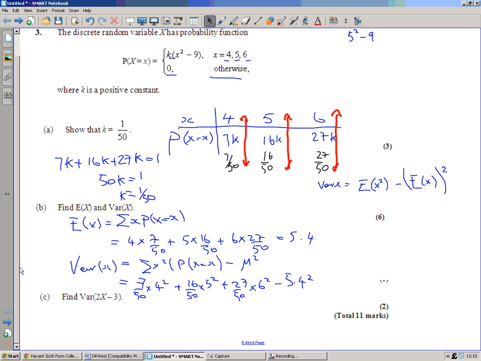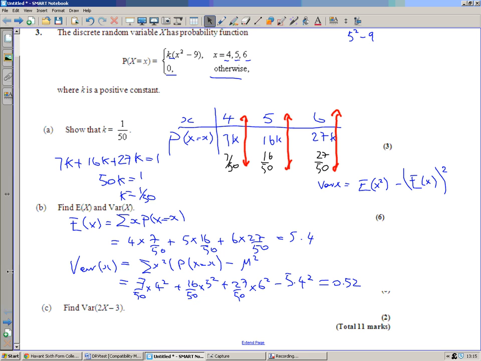Yeah. 0.52. May seem quite small, but remember there's a lot of 6s going to come out. Variance gives a measure of how predictable it is, and the closer to 0 it is, the more consistency we've got, and we're going to get a lot of 6s. So 0.52 is not that surprising a result.